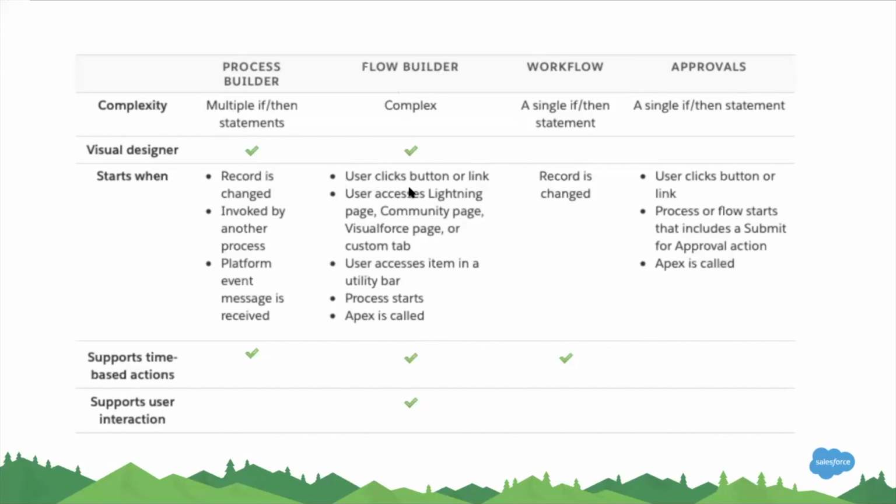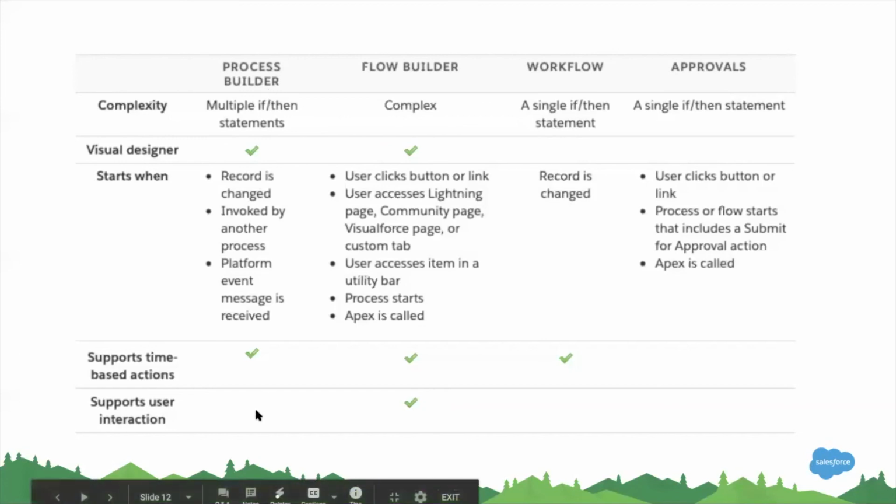One of the features that isn't there in the other automation tools is the ability to delete records. Flow Builder can delete records, and it can also call Apex. Process Builder can also call Apex, and it also supports time-based actions. But Process Builder does not support user interaction.